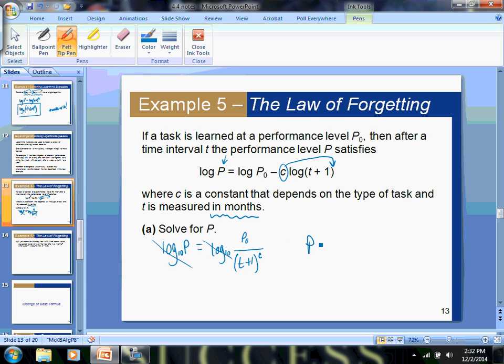So if I've solved for p now, it'll be equal to p sub 0 over t plus 1 to the c. So being able to combine my logarithmic expressions together on the right-hand side of this equation allowed me to eventually cancel out the logs and then really just have a nice algebraic equation here.